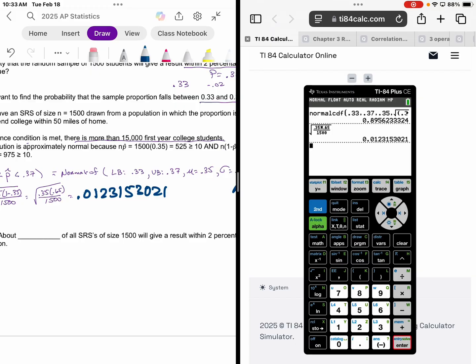Now you could do your normal CDF, and then for the standard deviation, we could go down here and just say second negative sign, saying the last answer I just calculated, let it be my standard deviation. And when I hit enter a couple times, you'll notice it's the same answer. So there are a couple different ways you can do it. Again, on a time-sensitive test, I like typing in the formula and letting it do the math and keep all the decimal places.